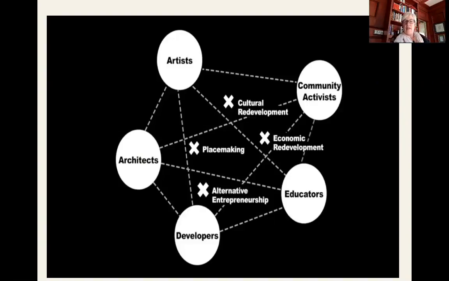And with that, then you get all of these things. You get economic redevelopment, you get placemaking, you get alternative entrepreneurship, you get cultural redevelopment. So imagine how wonderfully sustainable practices and green infrastructure and being off the grid and urban agriculture all fit into this really nicely.